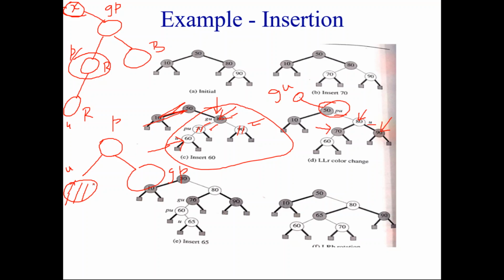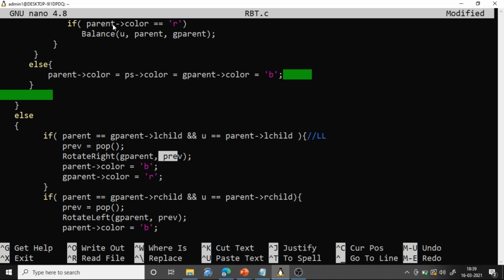Now which color do you want to change? P was previously red, and because of that the imbalance was created. So P should be made black in color. What should be the color of the grandparent? You can make the grandparent red in color.